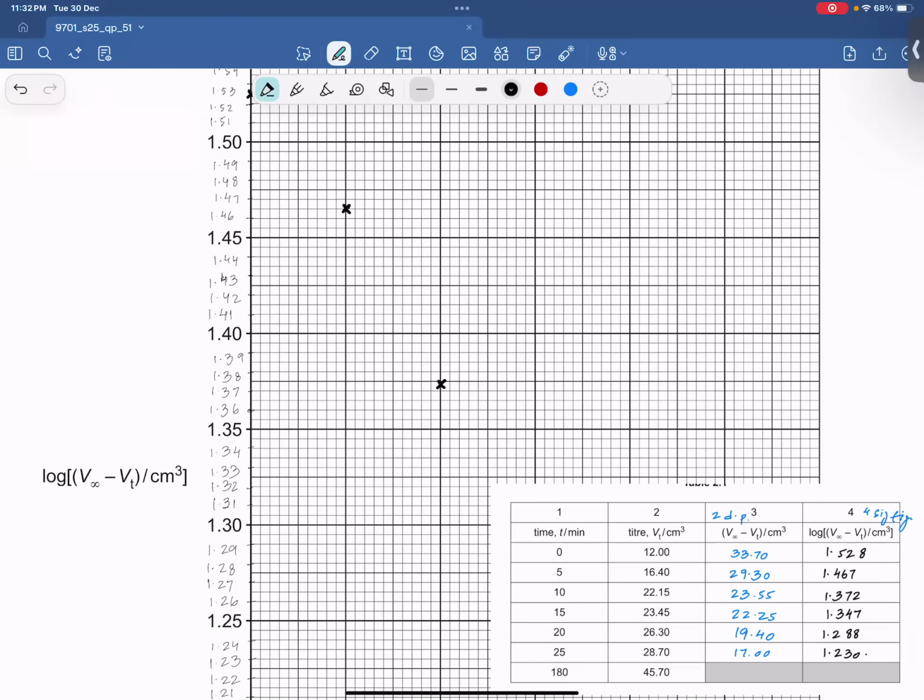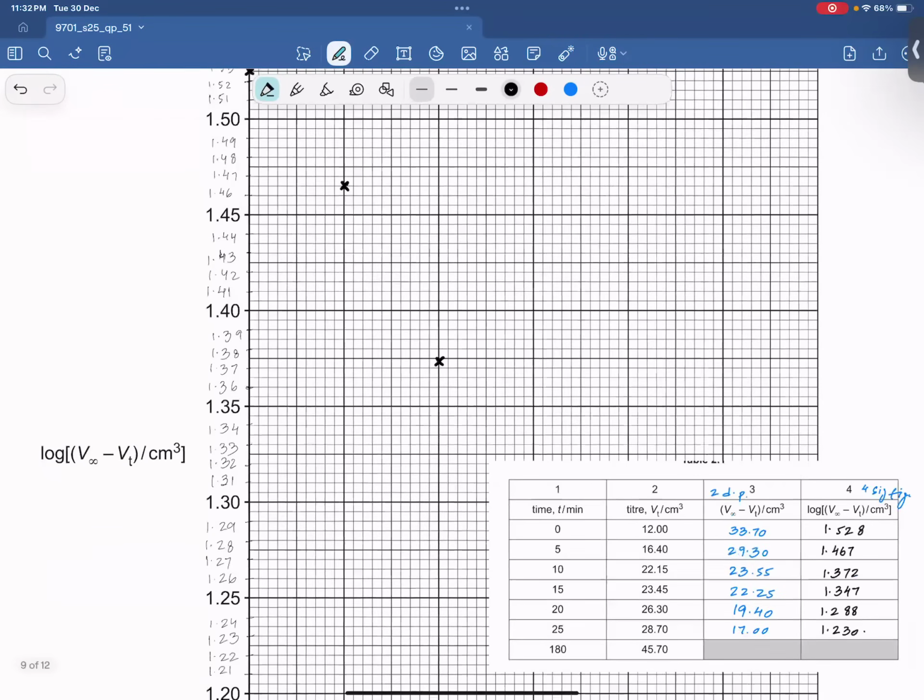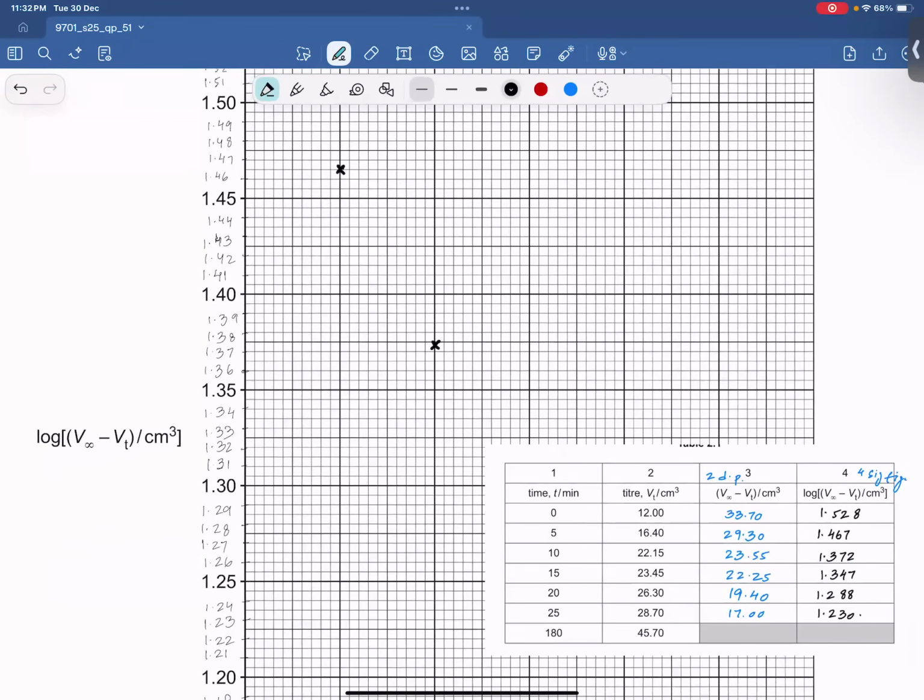At 15, 1.347. 15, 1.347. Here. Okay. Somewhere here. All right.